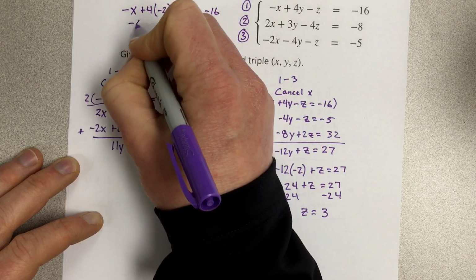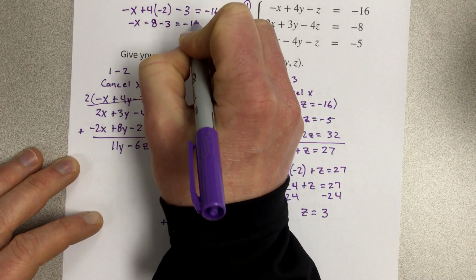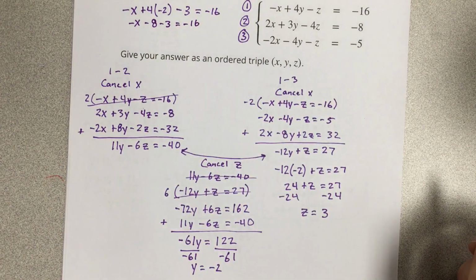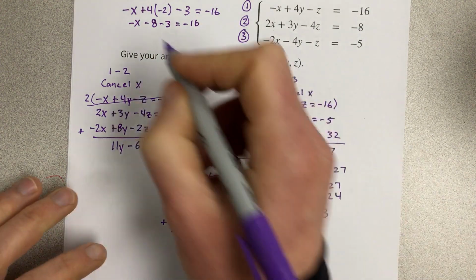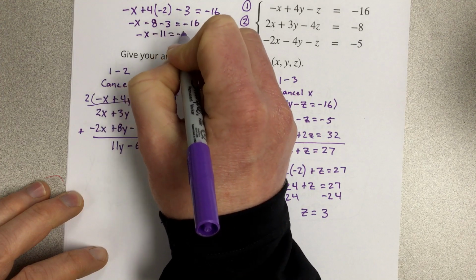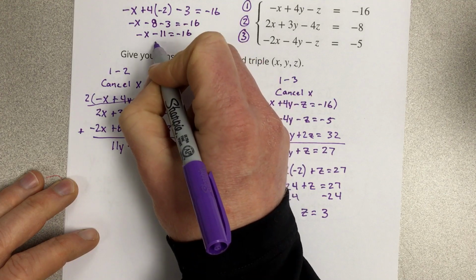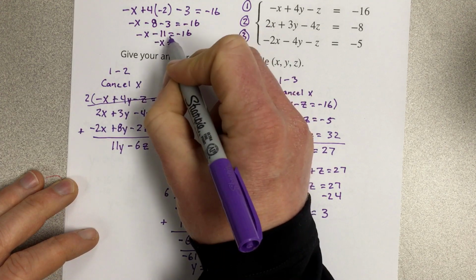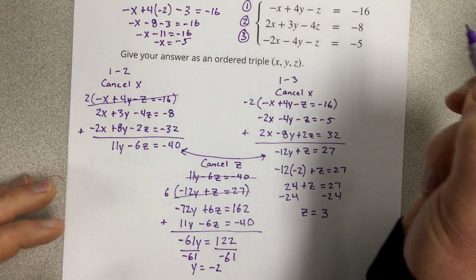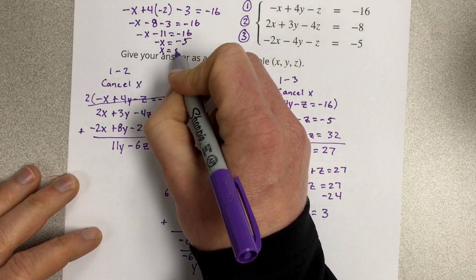So I get negative x minus 8 minus 3 is equal to negative 16. So I get negative x minus 11 equal to negative 16. I'm going to add 11 to each side. So that's negative x equals negative 5. And then divide by a negative, and x equals 5.